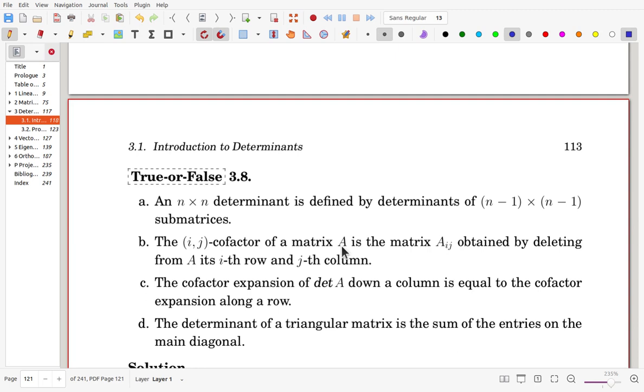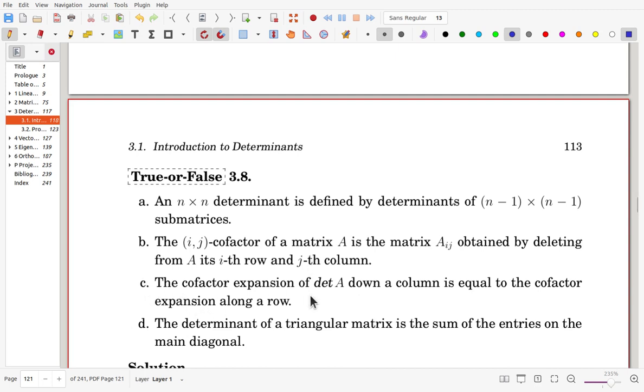In the definition, the cofactor is minus 1 to the i plus j times the determinant of the submatrix Aij. So the cofactor is not a matrix, but a quantity following the definition. So the statement is false.